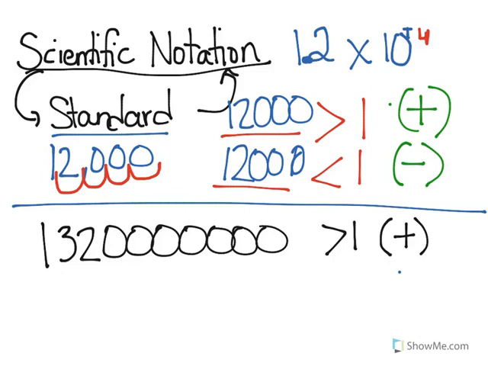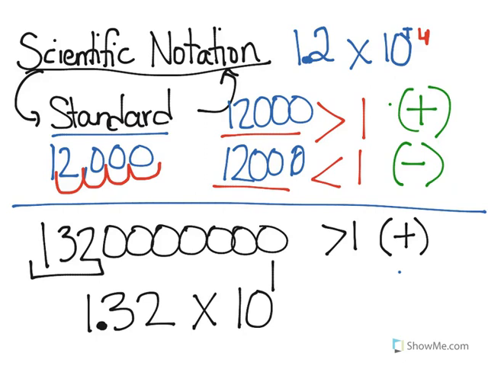Scientific notation is taking the main numbers 1, 3, 2 and placing a decimal after the first one. You are then multiplying by 10 to some power. In this case, we already know the power is positive.